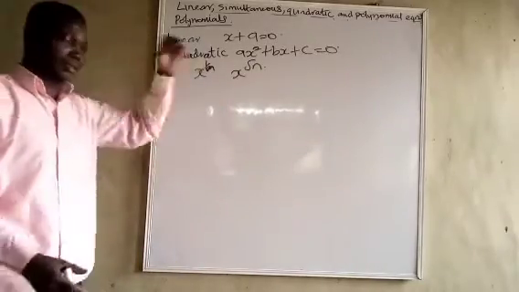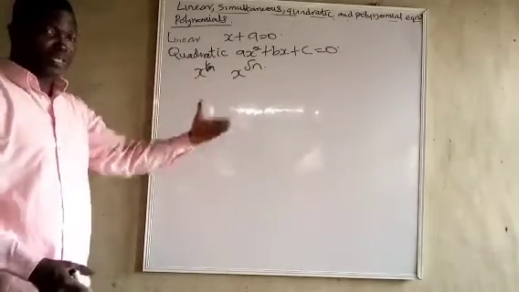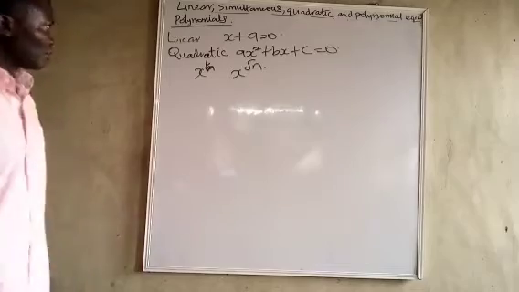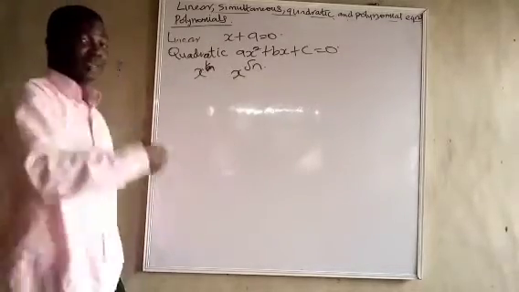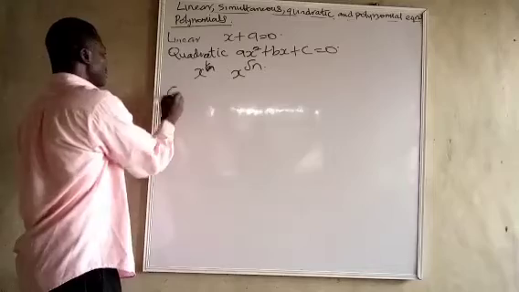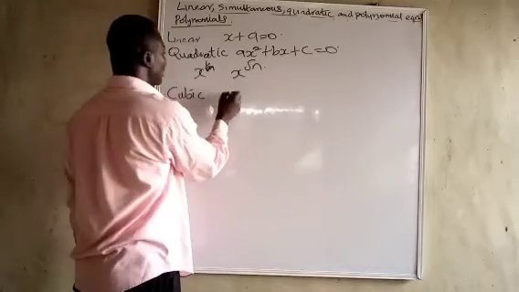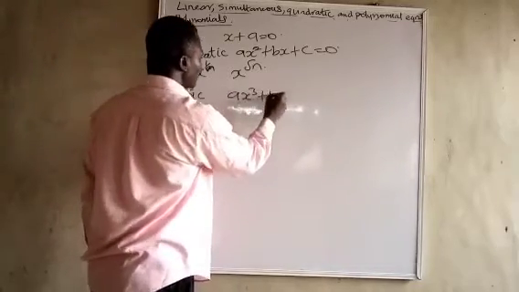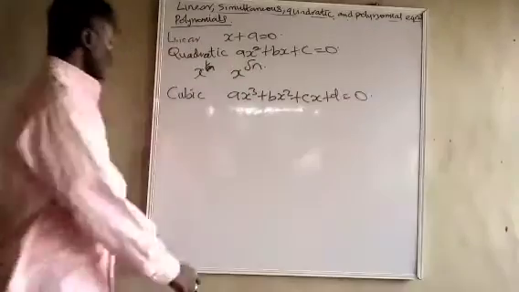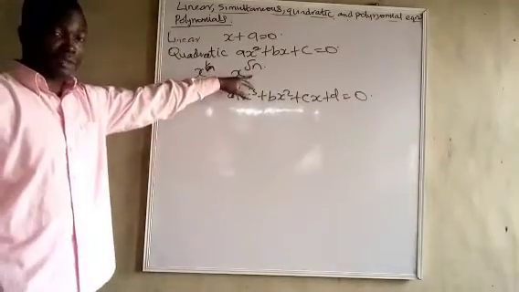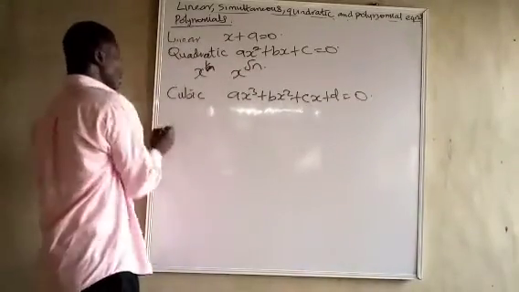Now, after quadratic, we are having cubic, we are having quartic, and so on and so forth. So when it starts from that cubic form, we refer to those ones as polynomials, that is having many powers. So we have cubic, we have, say, ax cubed plus bx squared plus cx plus d is equal to 0. You can see. Just note, you don't have terms like this. In the same way, we can have quadratic.